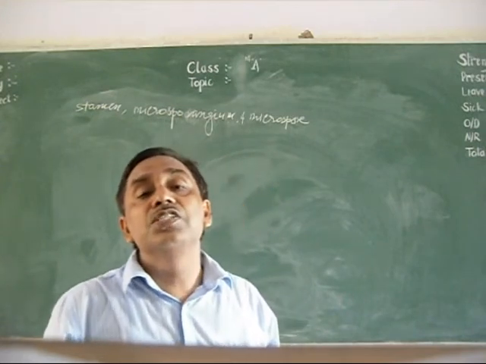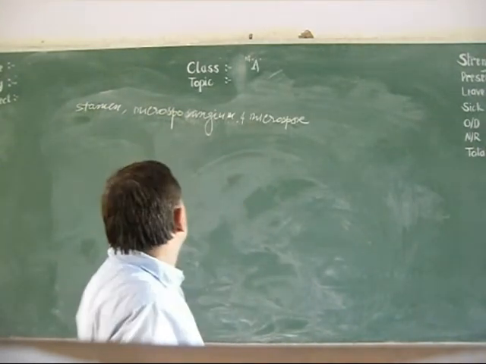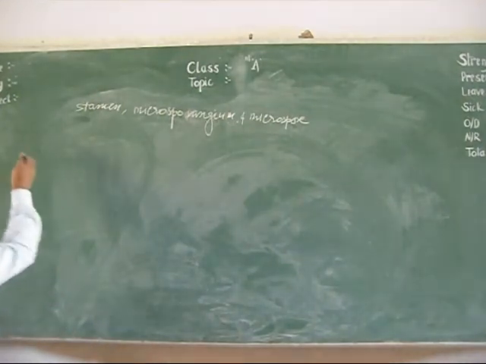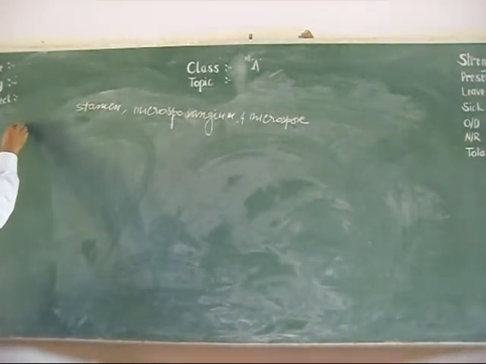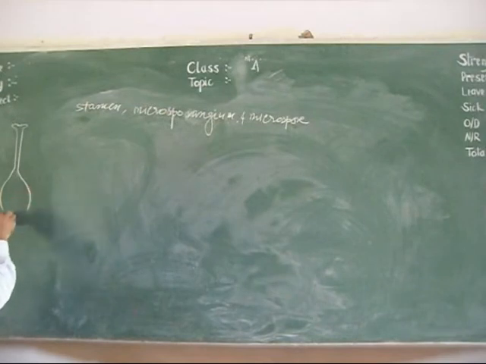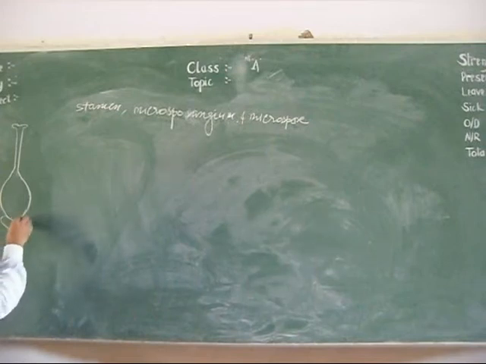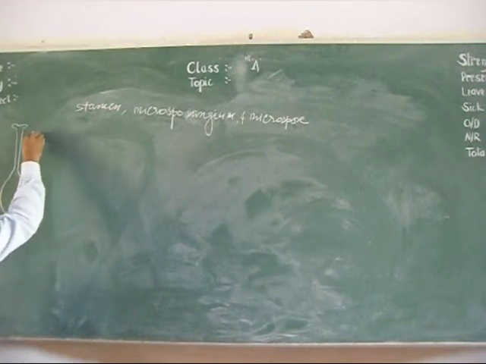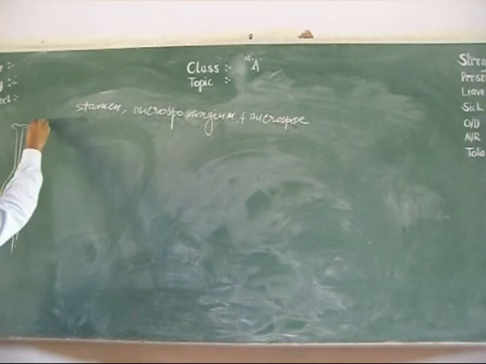The question here arises: where does this microsporogenesis take place? If you see the structure of a flower here, this is the female part of the flower, and here is the androecium.